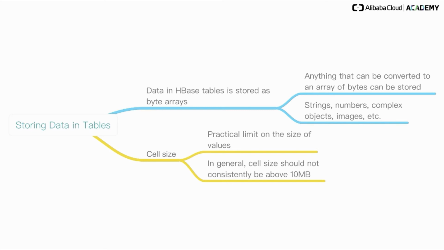Input can be strings, numbers, complex objects, or even images, as long as they can be rendered as bytes. There are practical limits to the size of values. For example, storing 10 to 50 MB objects in HBase would probably be too much. In general, file size should not be over 10 MB.